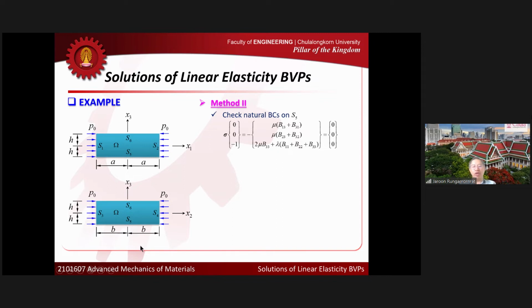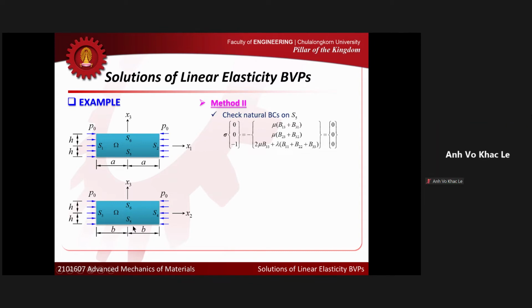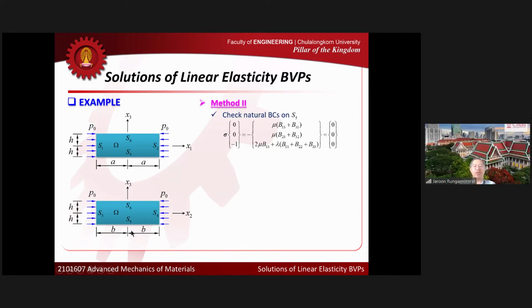What do I mean by traction free? The traction is prescribed, but it's 0. So we know the traction here is equal to 0. Then we enforce that term equal to 0, and we end up with this condition, right? The first 2 conditions here are exactly the same as what we got before, so these 2 conditions are not new.